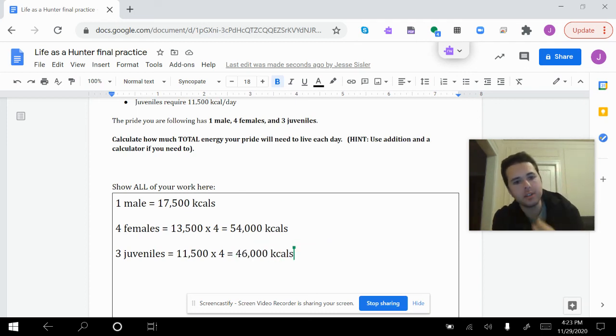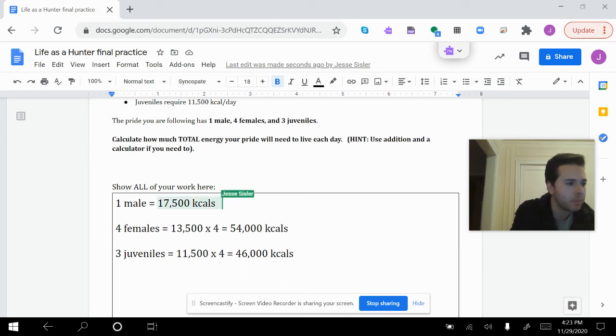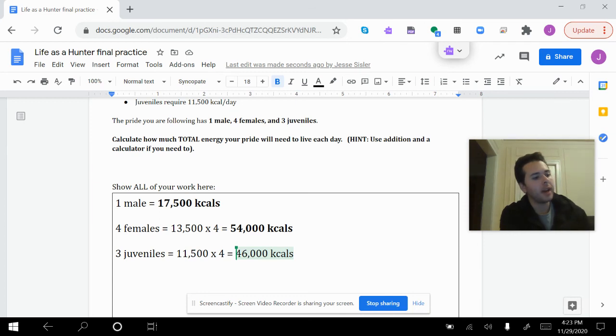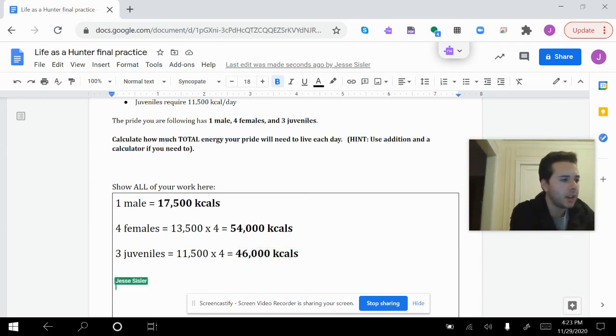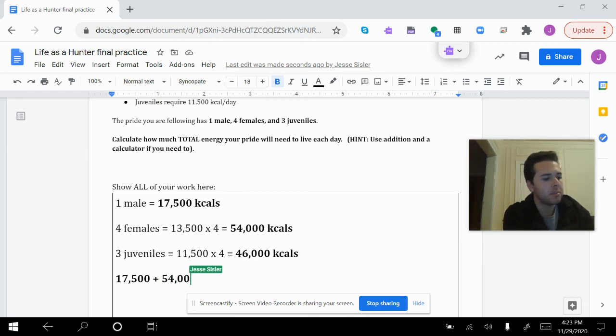So then what I need to do is add up these three numbers that I will put in bold. If I add them up, I get 17,500 plus 54,000 plus 46,000.